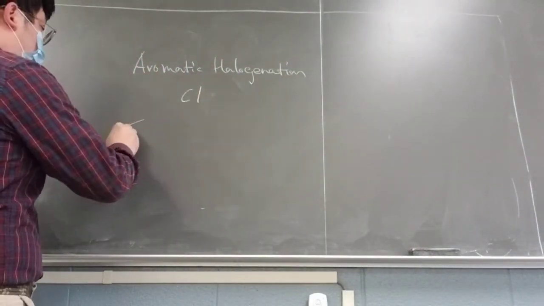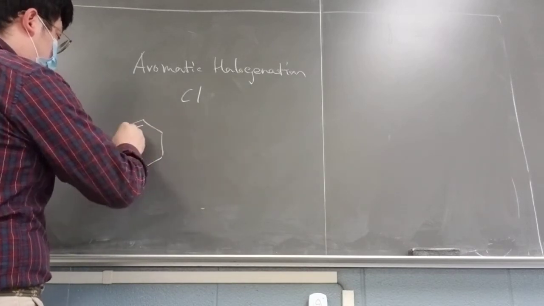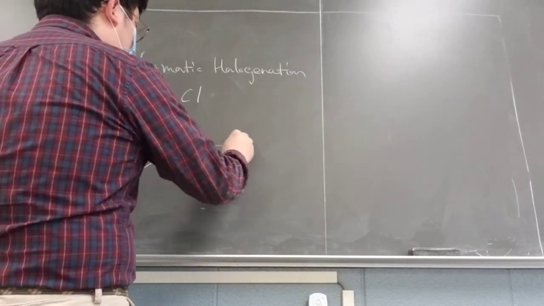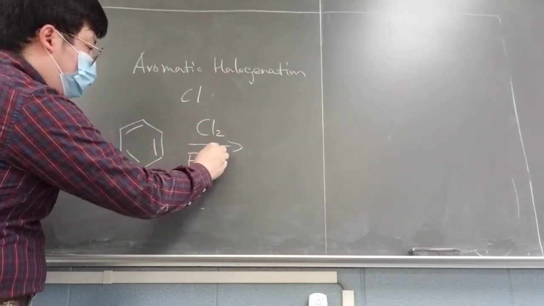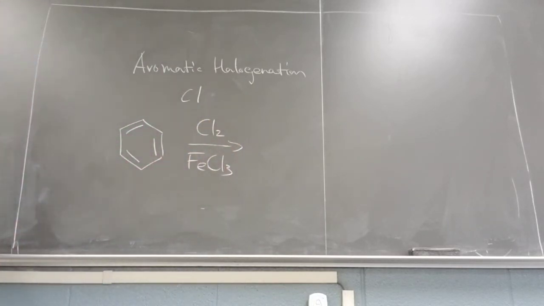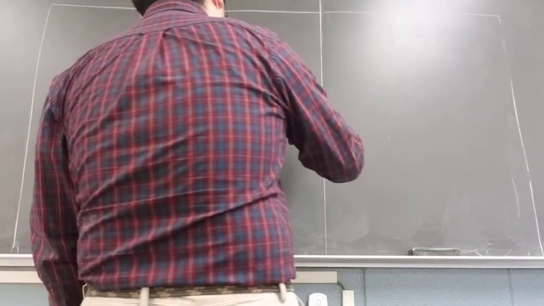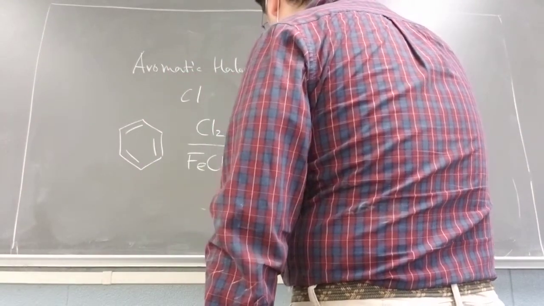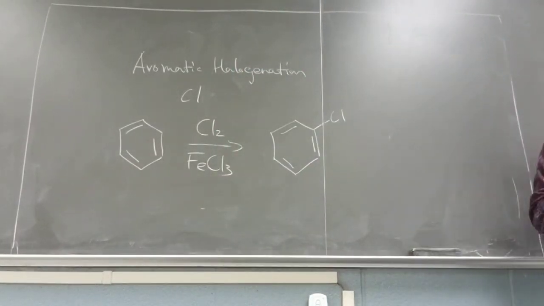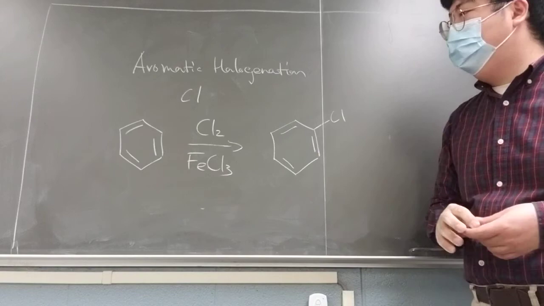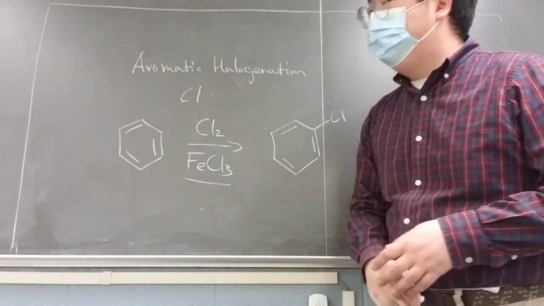So when you have this one over here, you just need to do chlorine and also iron 3 chloride. That's it. It's the same. It's just the same mechanism we saw with the catalyst with the chlorine.